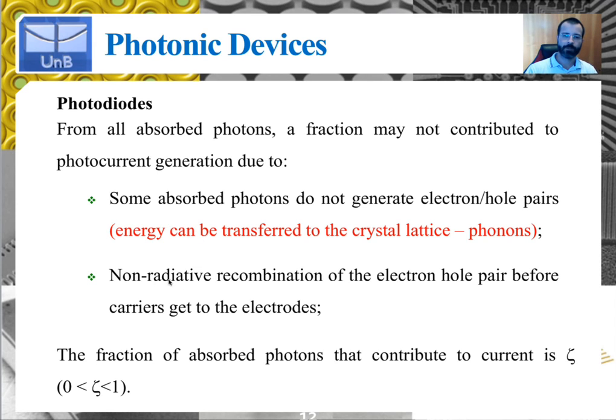Also, non-radiative recombination of the electron hole pairs can happen before the electron hole pairs actually get to the electrode. So considering the following scenario, right? We have the device here, and a given photon impinges on the device here and is actually able to generate an electron in the conduction band and a hole in the valence band.